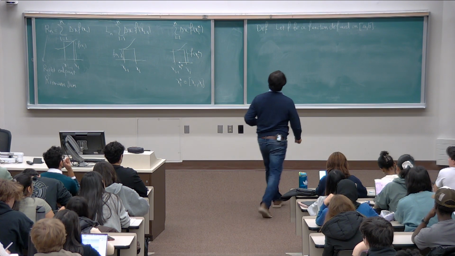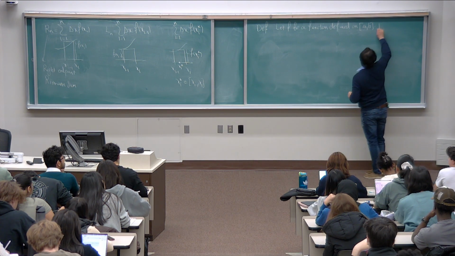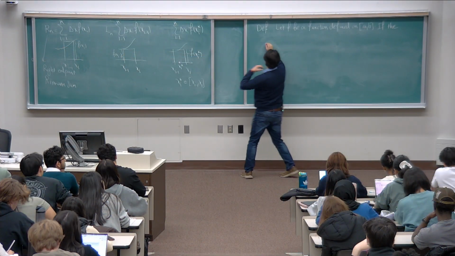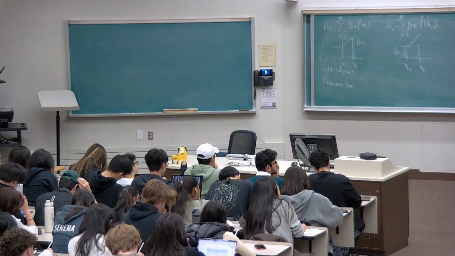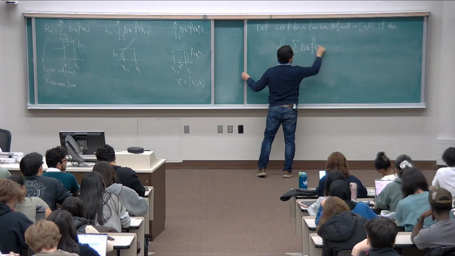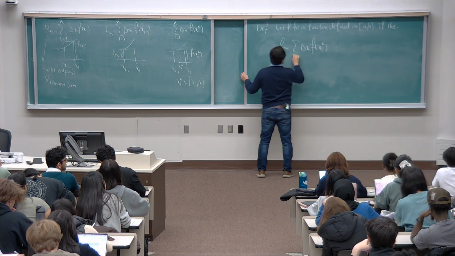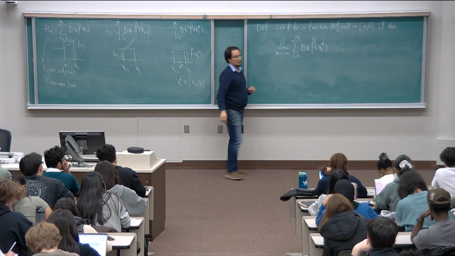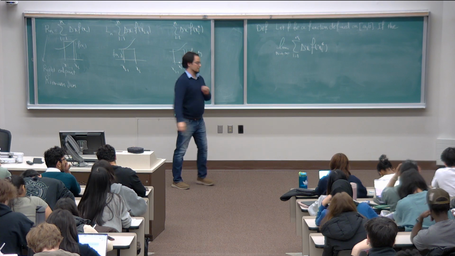If the limit of the sum of delta x f of xi star, as i goes from 1 to n, n goes to infinity, if this limit exists.